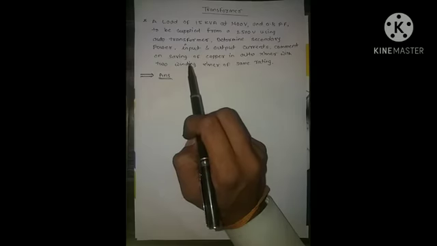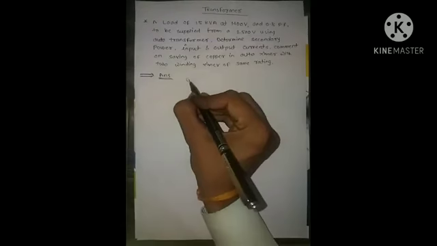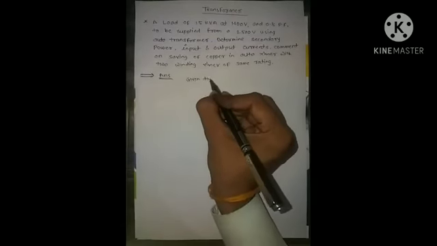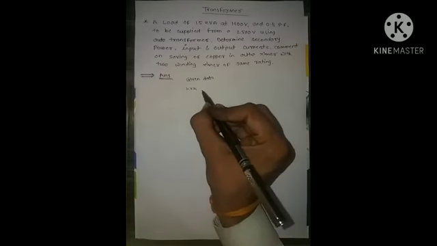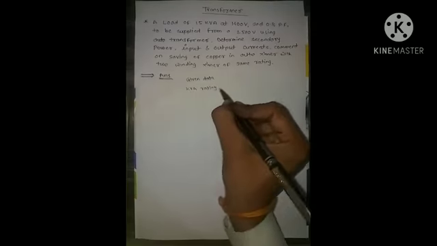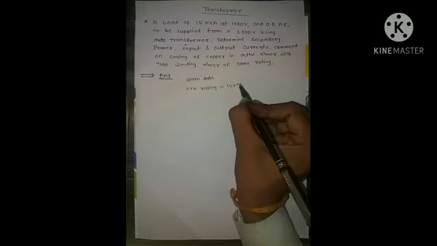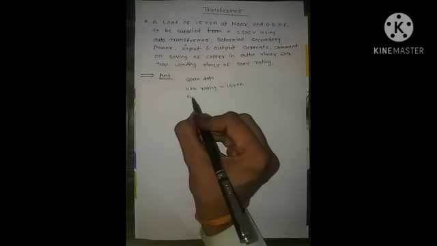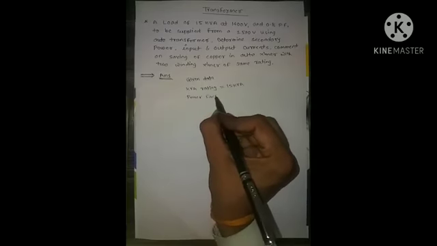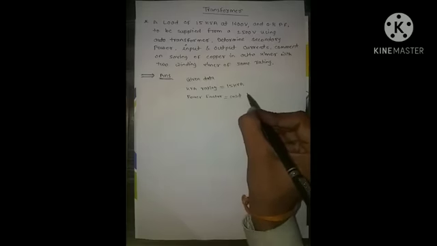First of all we have to write the given data. The given data is: kVA rating equals 15 kVA, and power factor is also given, cos phi equals 1.